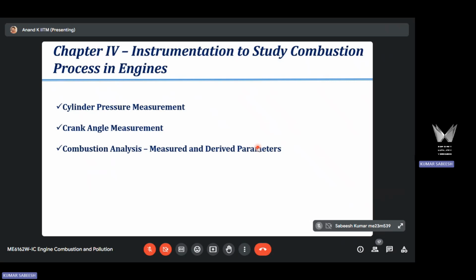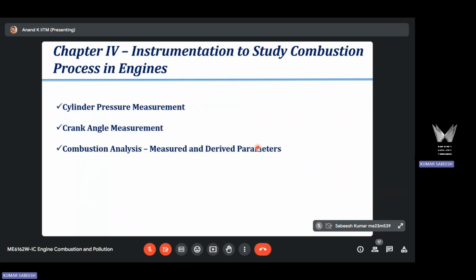Combustion analysis plays a significant role. Engine performance improvement or emission reduction is primarily based on the combustion process. So you need to acquire the data and get these various other parameters to do a combustion analysis, and that will help you to find reasoning for engine performance. If you want to improve the engine performance, you need to analyze the combustion data, and through that you will be able to come up with strategies to improve it.